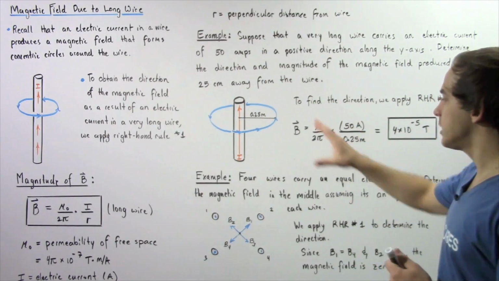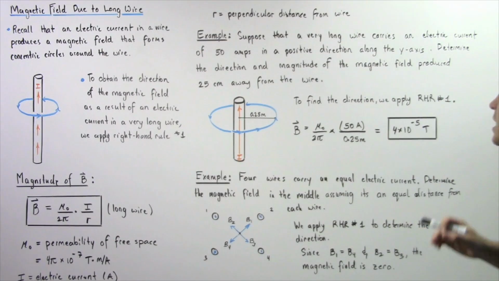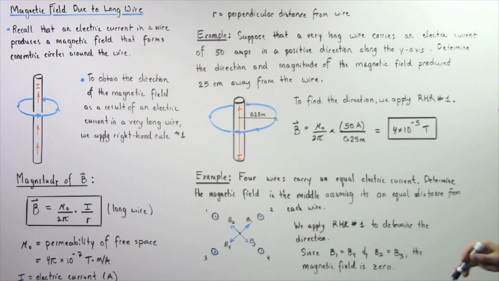So let's look at the following two examples. In example 1, suppose that a very long straight wire carries an electric current of 50 amps in a positive direction along the y-axis as shown in the following diagram. So determine the direction and magnitude of the magnetic field produced 25 centimeters away from our conducting wire.